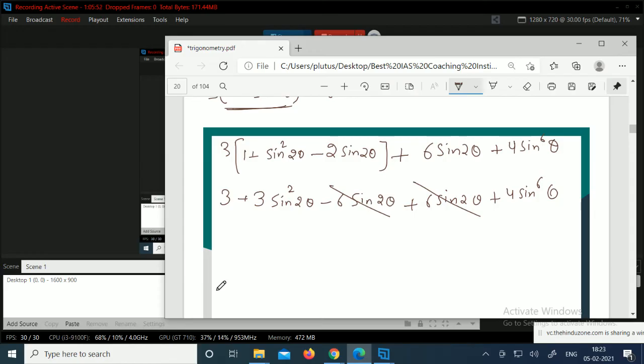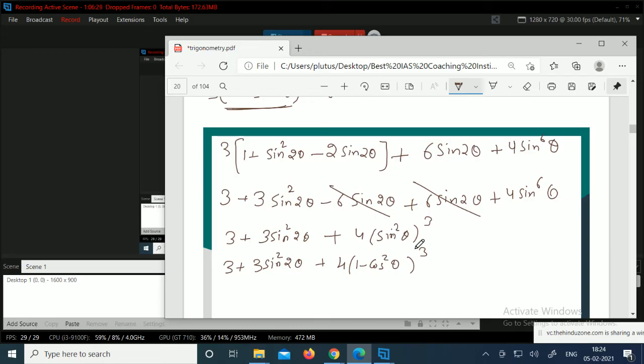Now if I write this as 3 plus 3 sin square 2 theta and this is 4 sin square theta whole cube. Can I write like this? Yes, sir. If I substitute again 4 (1 minus cos square theta) whole cube, can I write?